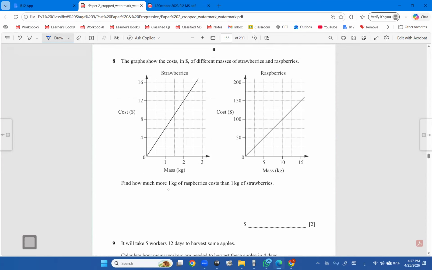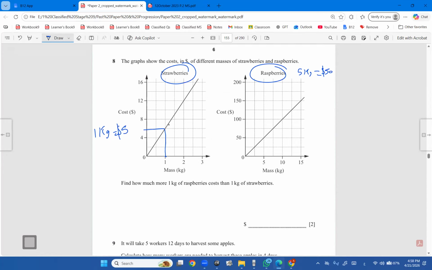Find how much more 1 kilogram of raspberries costs than 1 kilogram of strawberries. For the strawberries, 1 kilogram costs 5. Look at this, 1 kg equals $5. While for the raspberries, 5 kg equals $50.